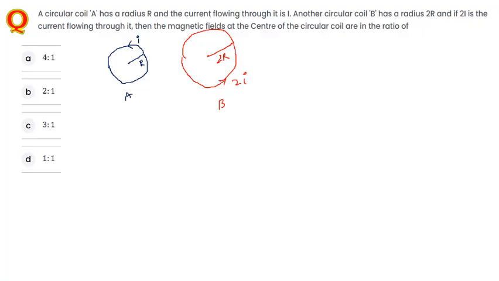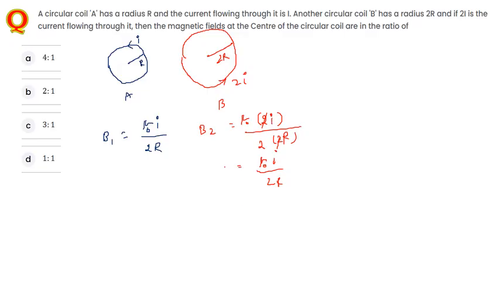Now what they are asking is about the magnetic induction. For the first one, B1 is equal to mu naught I divided by 2R. For the second case, B2 is equal to mu naught, and the current here is 2I, and 2 into radius 2R. Here the 2 will be cancelled, so what you have is mu naught I divided by 2R.